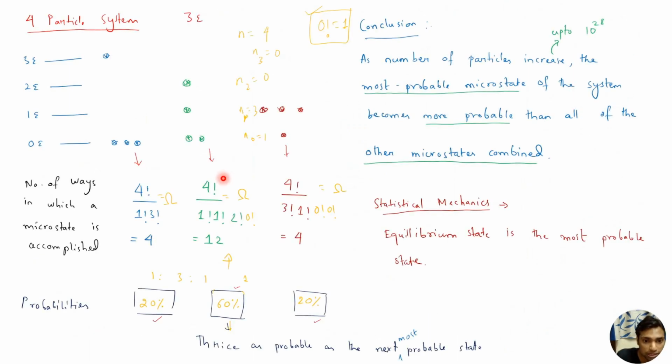For the four particle system, the probability of this has increased. If the number of particles increases, then the probability of the most probable microstate will increase further.